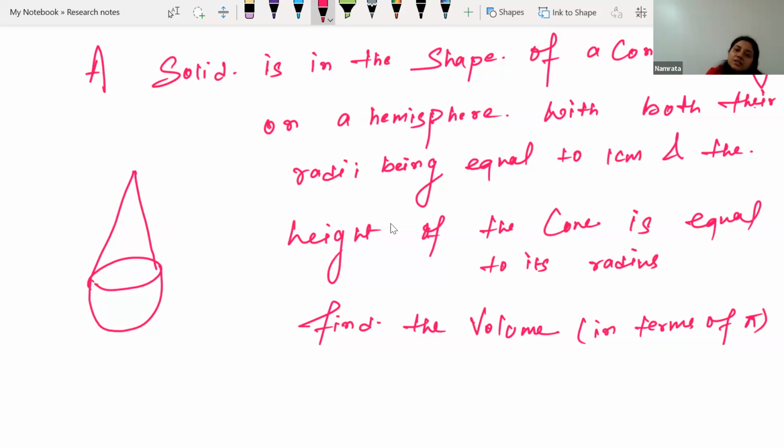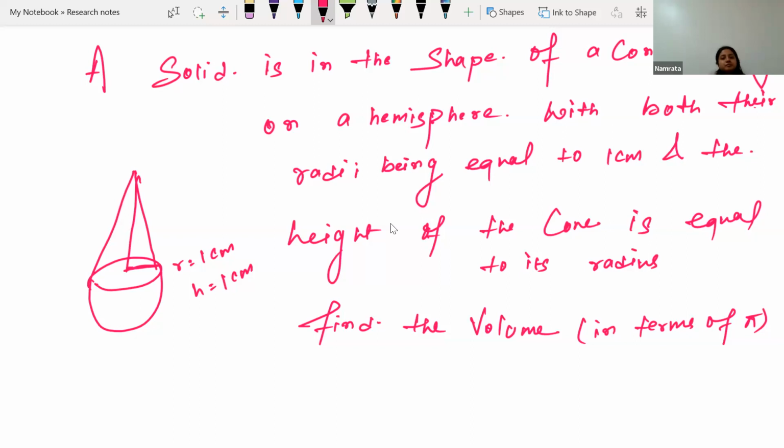So a solid is in the shape of a cone standing on a hemisphere with both of their radii equal to 1 centimeter. Here both have r as 1 centimeter. And the height of the cone is given as equal to its radius, that is 1. We have to find the volume.